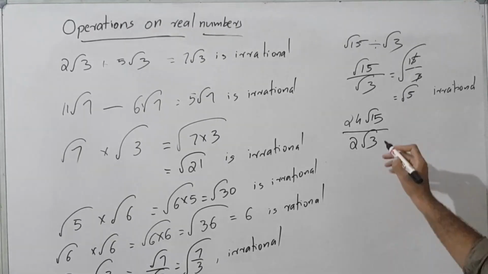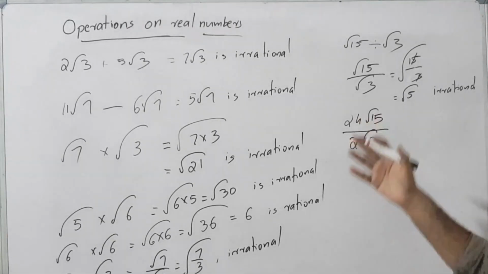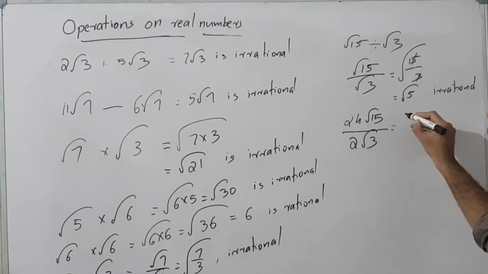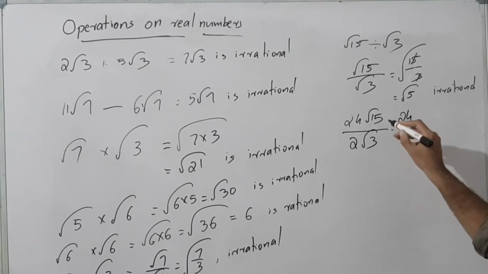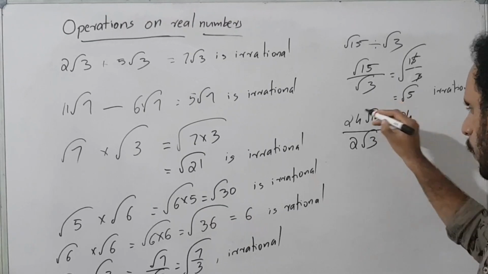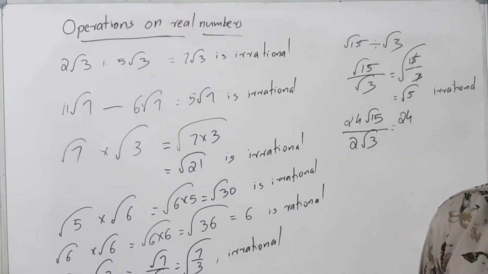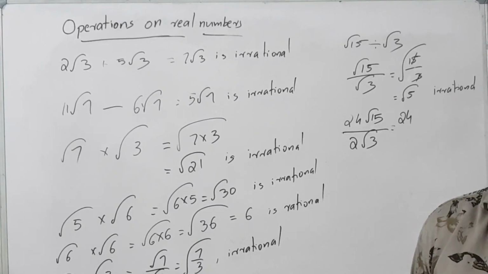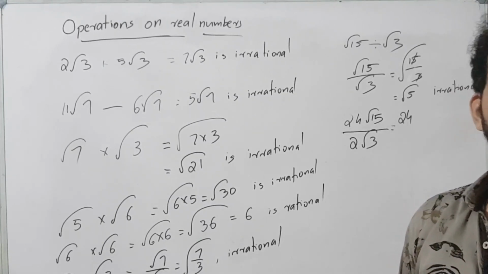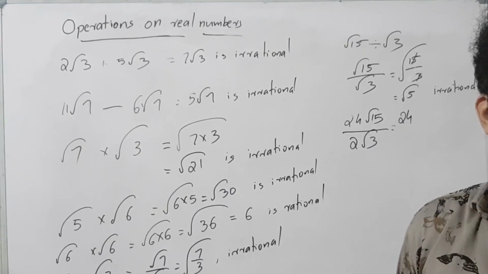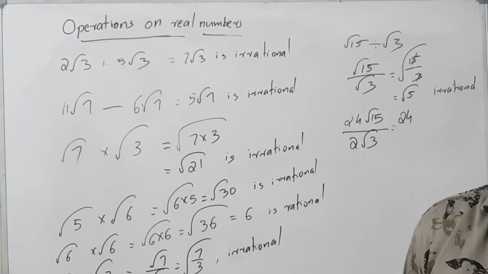So here how do we divide this? Then for that we write it like this: 24. In this irrational root 15, we check if it is possible to write it as a product of any two numbers. Is 15 possible to split as a product of any two numbers? Yes, it is possible to split as a product of 3 and 5.